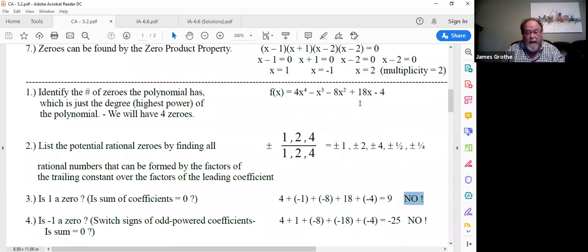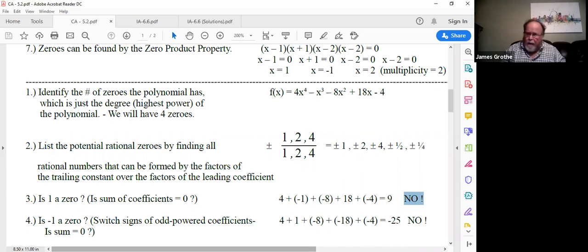Plus 18x becomes a minus 18, because that's x to the first, an odd power. And minus 4 stays a minus 4. That's x to the 0, an even power, so that stays the same. So I'm going to add up a positive 4, positive 1, negative 8, negative 18, negative 4. It gives me a negative 25. Again, not 0. So negative 1 is not a zero.